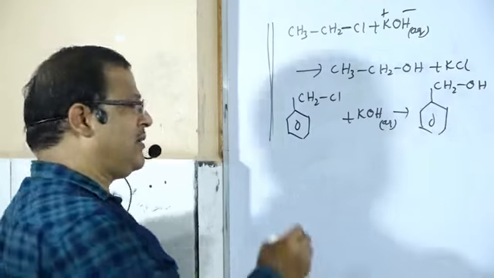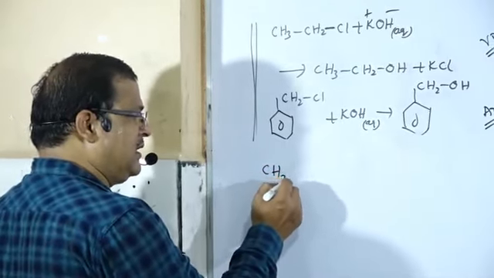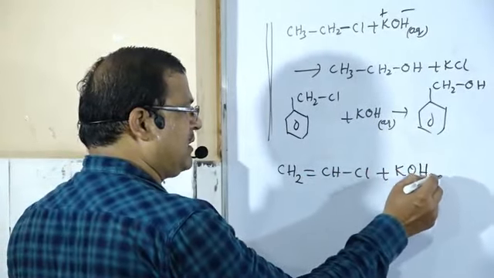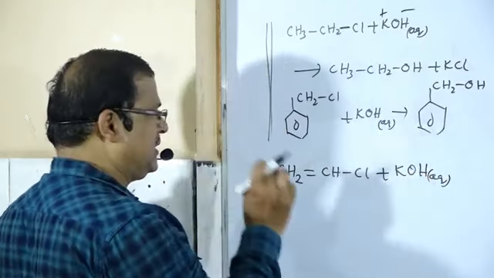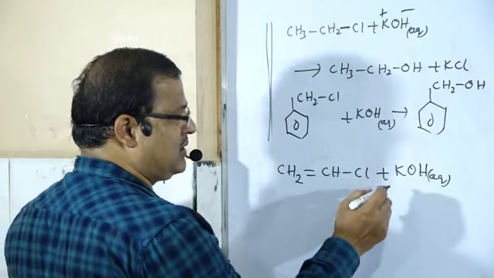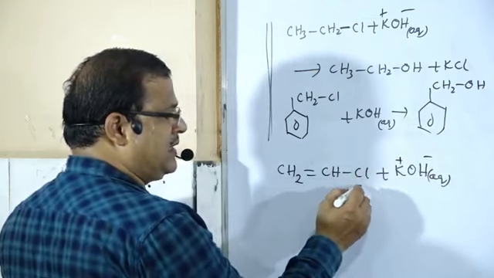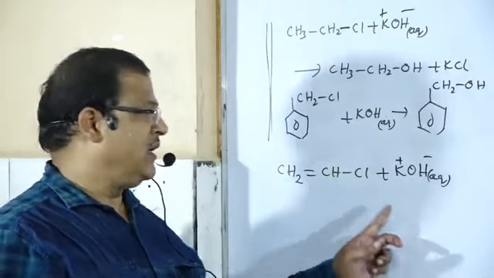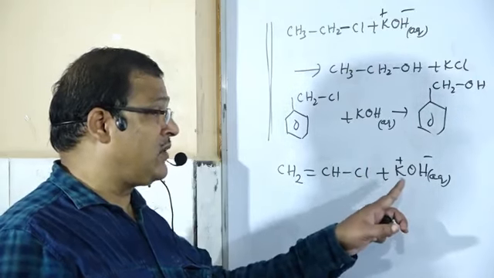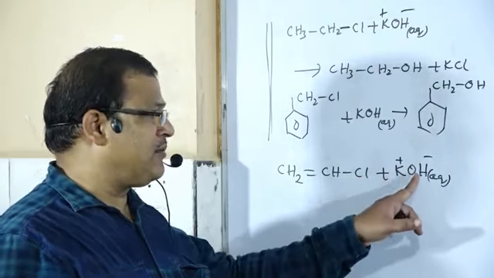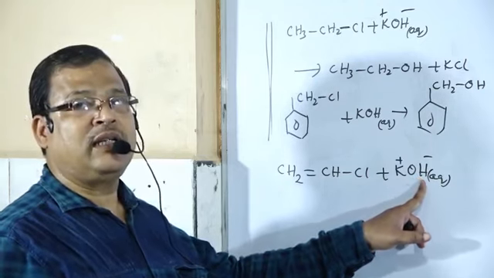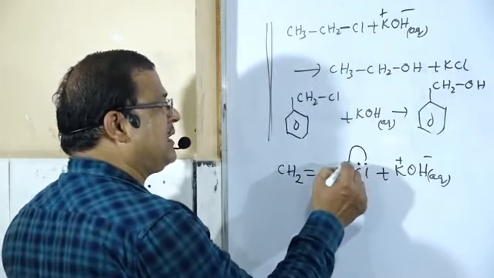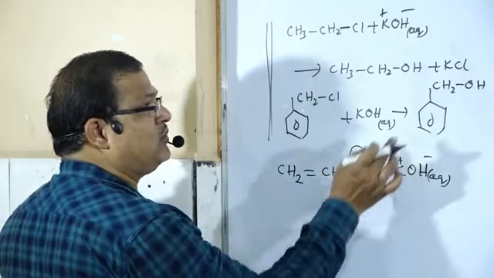But if we take an example of this kind, vinyl chloride, CH2=CHCl, treated with aqueous KOH, K plus OH minus, the chlorine atom cannot be replaced by the nucleophile OH minus under normal conditions. Why? Because, due to resonance, there is development of carbon-chlorine double bond character, as we have cited.